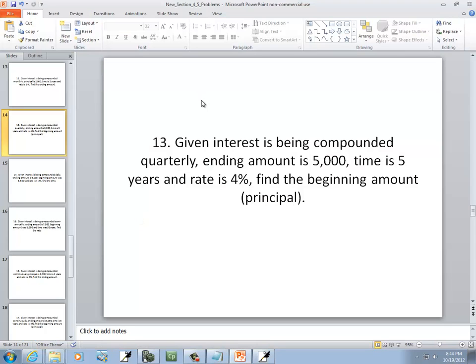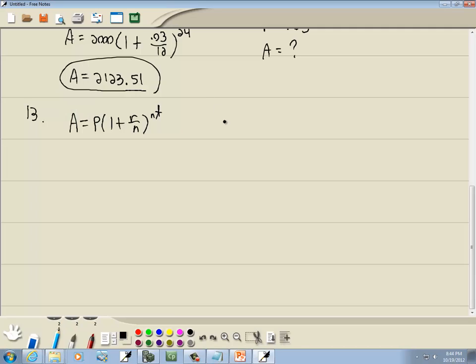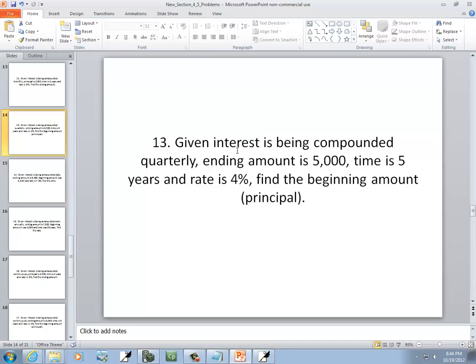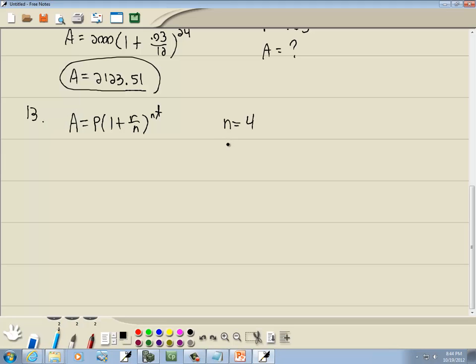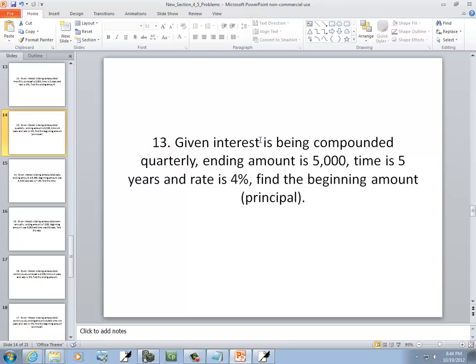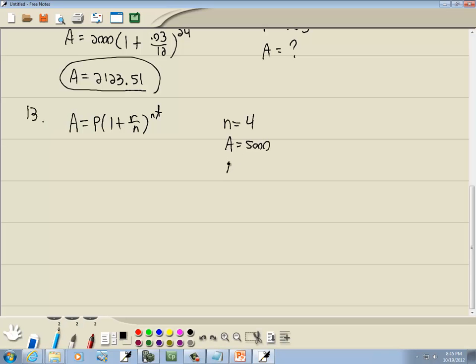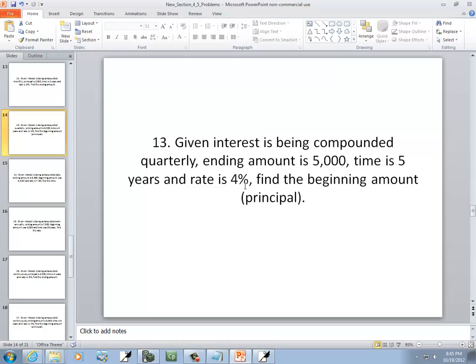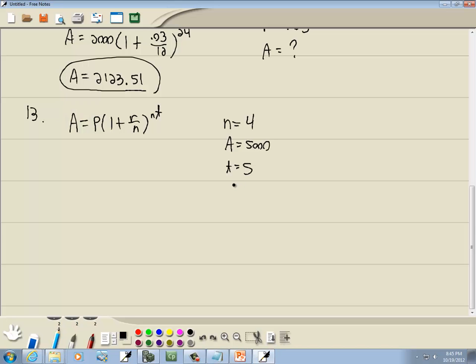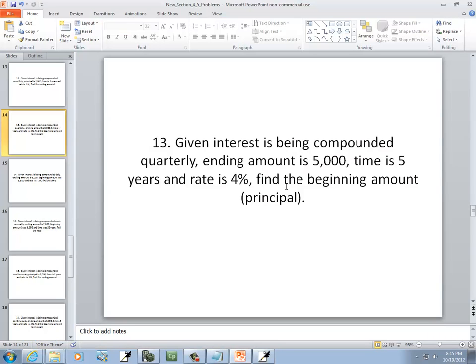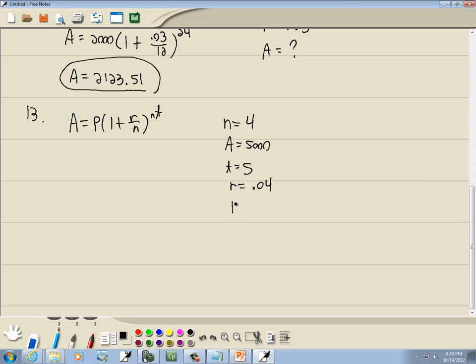Compounded quarterly means n is equal to 4. Ending amount is 5,000, so A is 5,000. Time is 5 years, so t is 5. And rate is 4%, so r is going to be 0.04. Find the beginning amount, or the principal. So they're wanting us to find P.